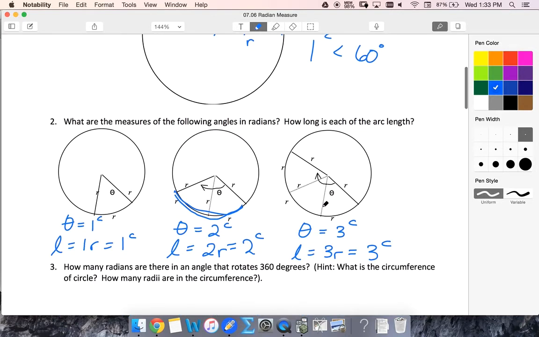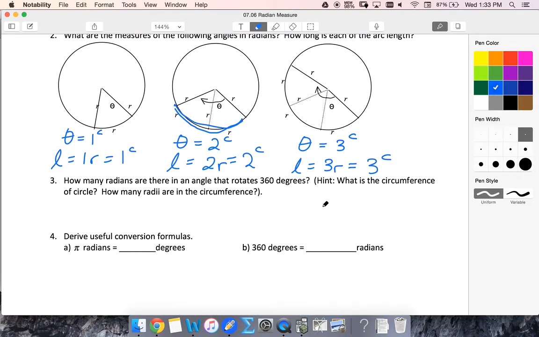Well, let's think about how much it is exactly. If we had an angle that rotated 360 degrees, so here our angle had rotated just under 180, but if I had a circle and I have an angle that starts, like my R started there, and then rotated a full 360, so then I would end up back here. Well, the length of this arc is the full circle.